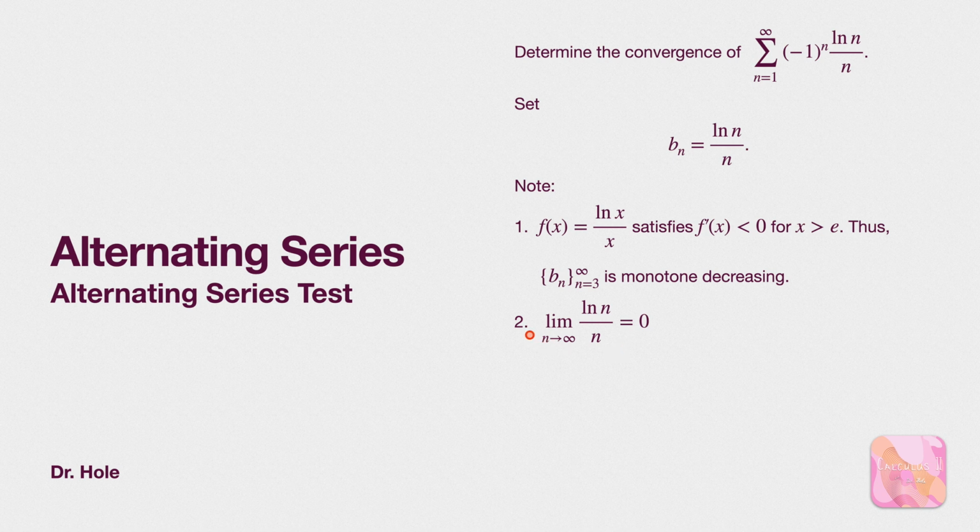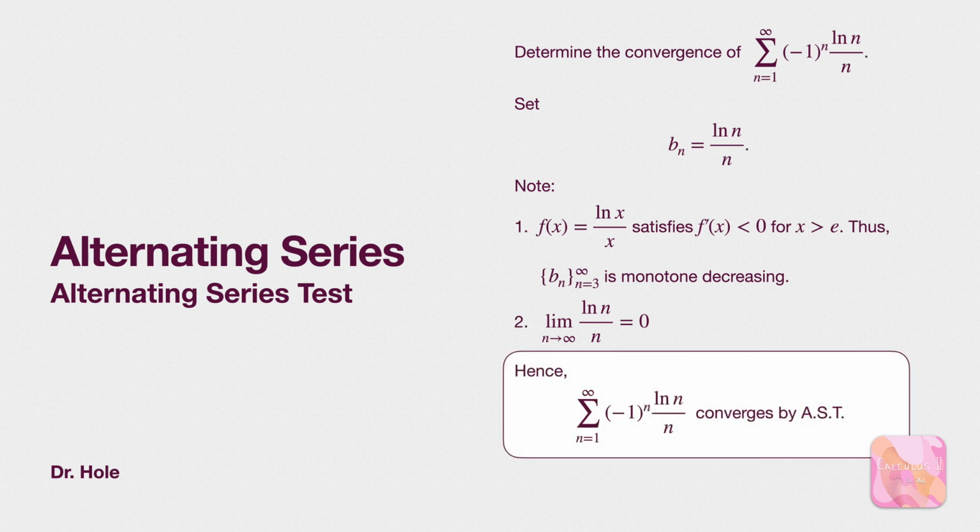Nice. The second one, in taking a limit, you'll want to employ L'Hopital's. Derivative of the top gives you 1 over n. Derivative of the bottom gives you 1. 1 over n goes to 0. Very good. So by AST, we're able to conclude that this given series converges. Beautiful.